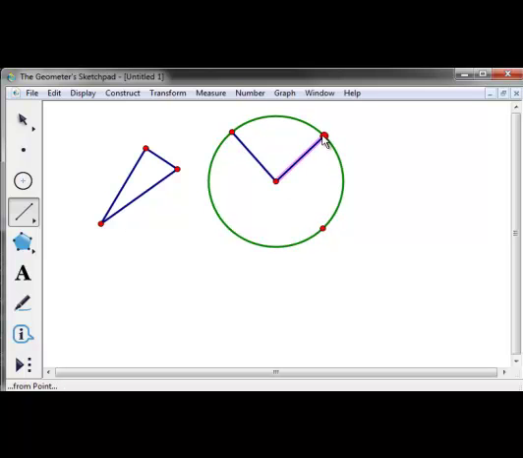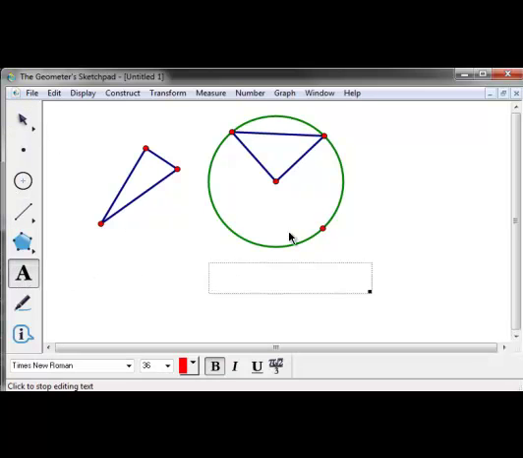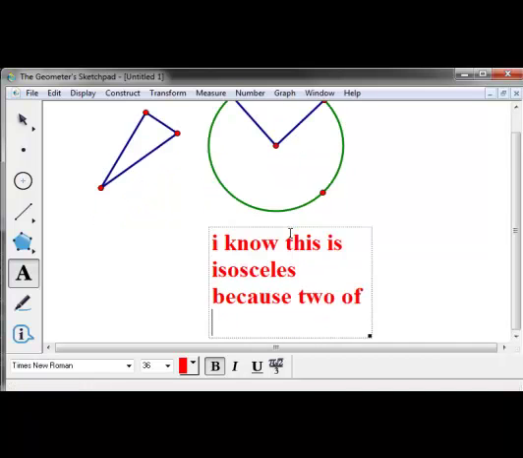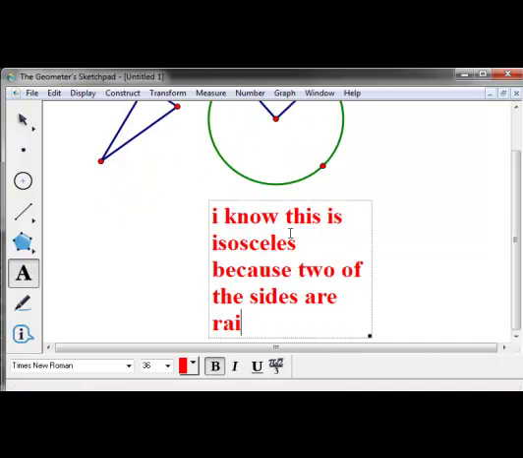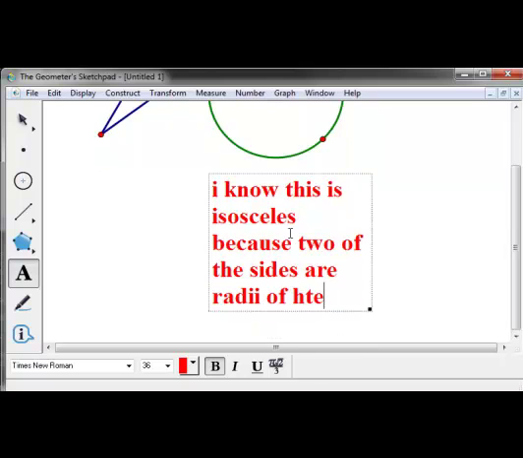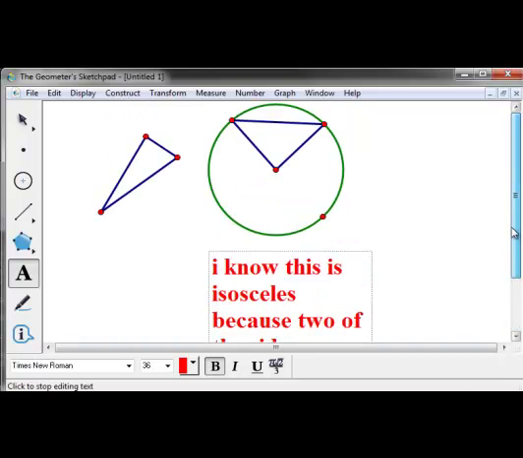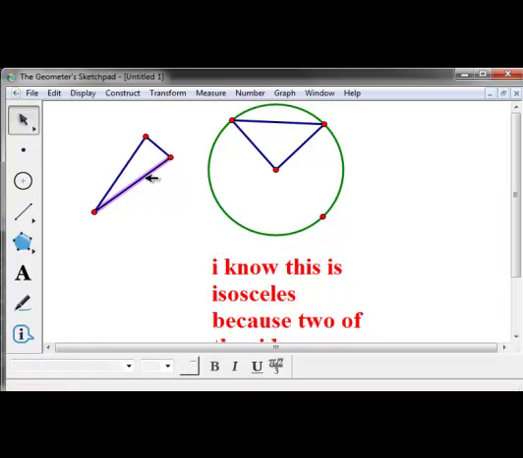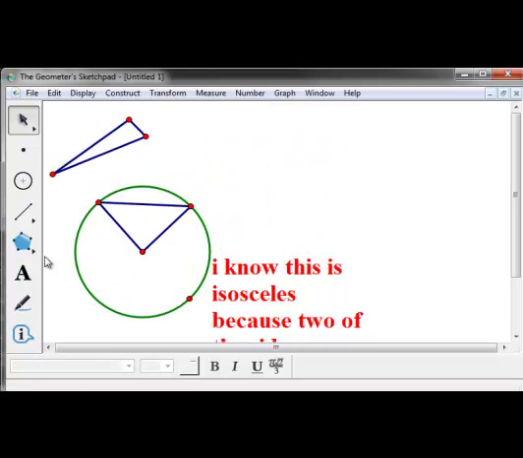So now you know that this is an isosceles triangle, and you can actually type that in and say, I know this is isosceles because two of the sides are radii of the same circle. So what you can see here is that we're able to draw and also write, which is really important. Now let's do the equilateral triangle.